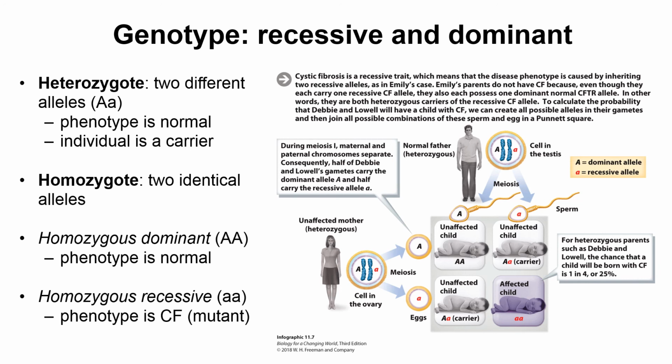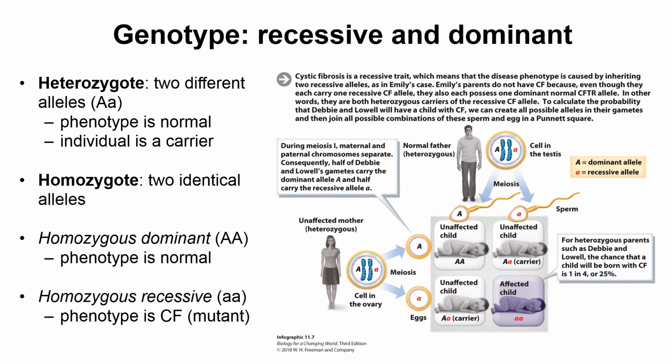Now you have what is called a homozygote, which means that you have 2 identical copies of the allele. You can have homozygous dominant, which means that you have 2 copies of the dominant allele, in this case 2 uppercase A's.